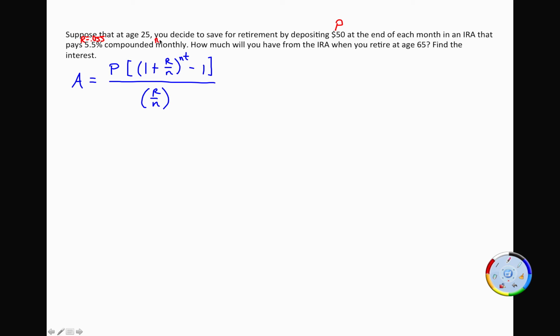Compounded monthly, so N is 12. And T, I have the N, the R, the P, I need the T. Well, if I'm 25 now, and I'm going to retire at 65, then that is in 40 years, right? So that's what my T is. T is 40.